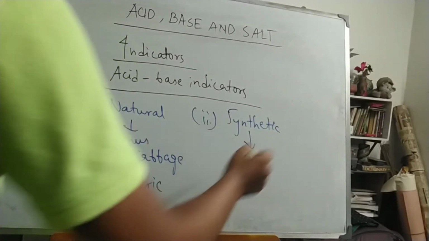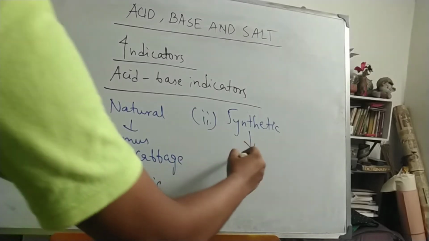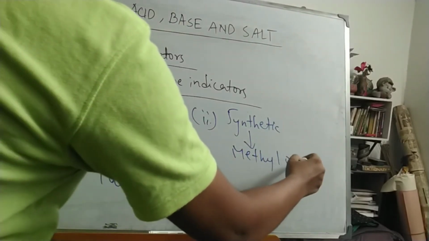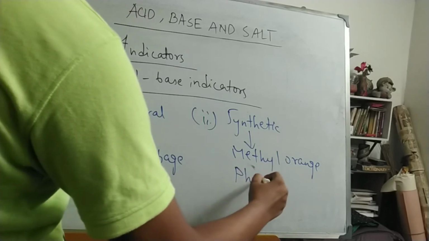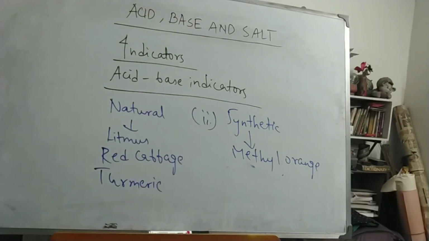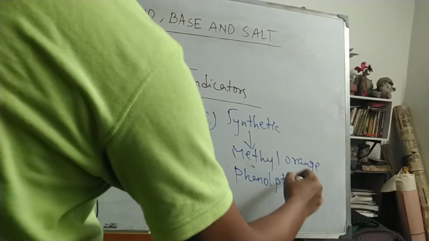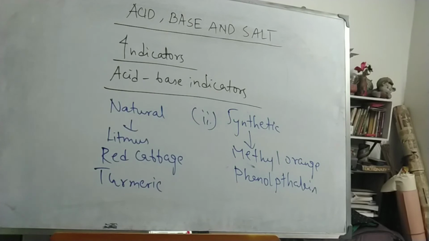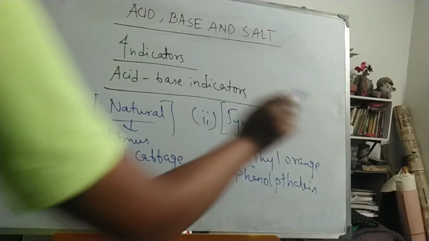And in synthetic, we have methyl orange and phenolphthalein. Sorry, I was writing the wrong spelling. This is natural, and this is synthetic.